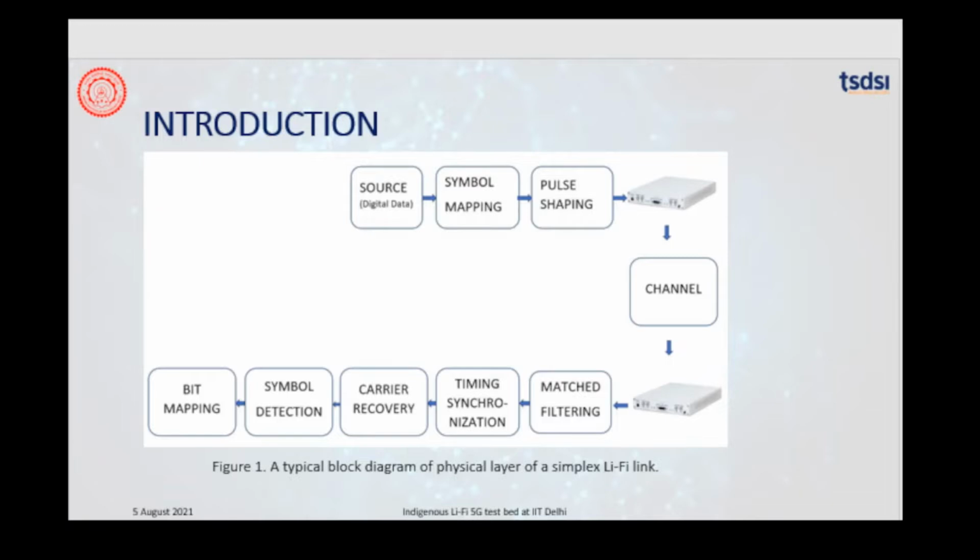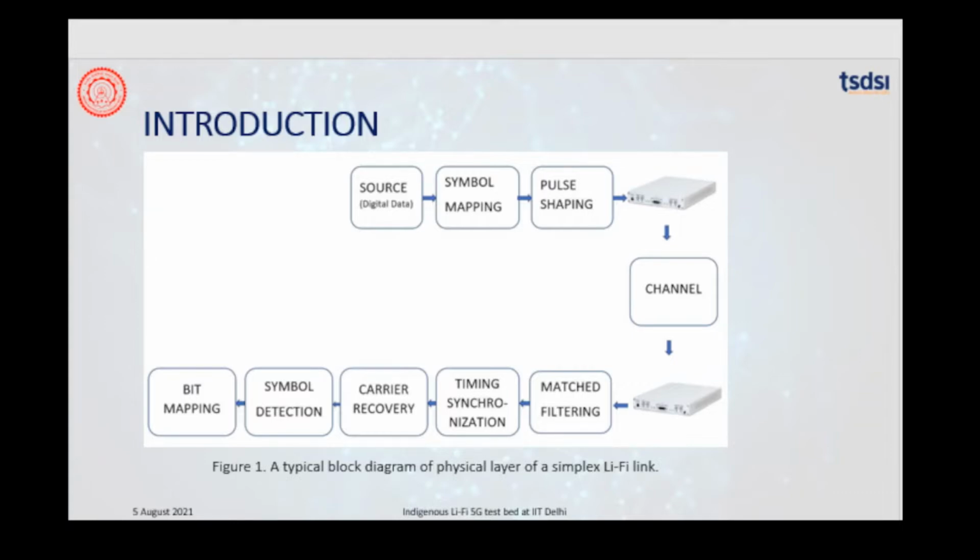The output of the pulse shaping filter is a complex IQ data, or the baseband signal, which is modulated onto the carrier with the help of this USRP. So the USRP will generate the passband signal, which is passed through the channel and received by the other USRP at the receiver end.